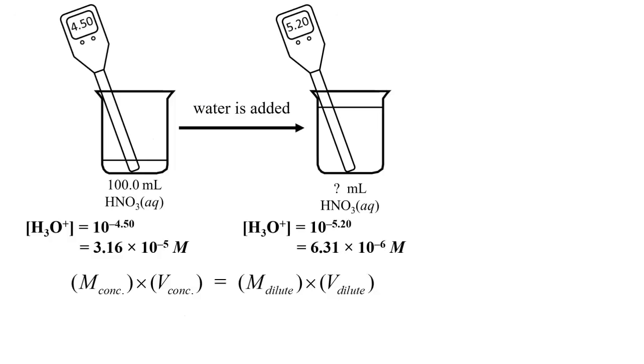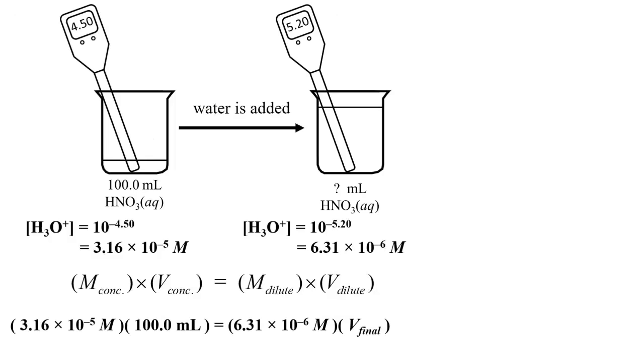So we have the initial molarity of the concentrated solution, which is 3.16 times 10 to the negative 5 moles per liter, and the initial volume before the water was added is 100 milliliters. Now, the new concentration after the solution has been diluted is 6.31 times 10 to the negative 6 moles per liter. And the only thing that we don't know is the volume, the final volume of the diluted solution.